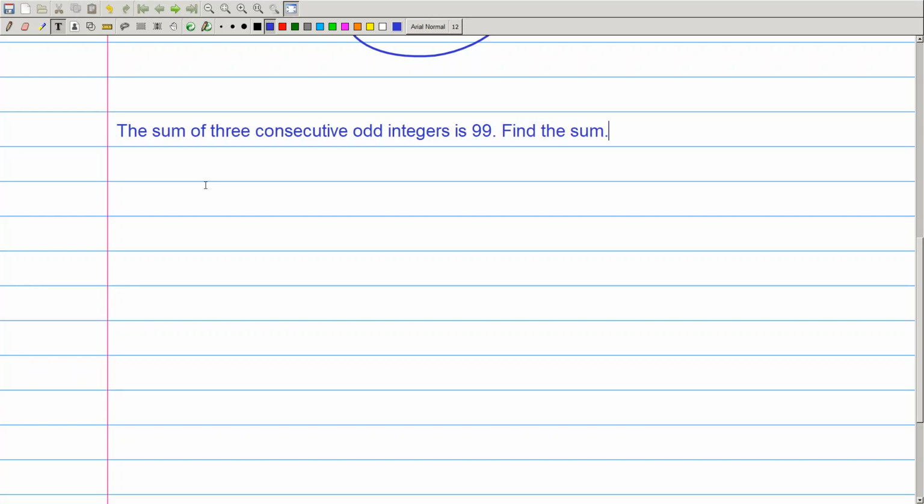Find the integers. I could do that exact same problem here, and that's exactly what I'm going to do.